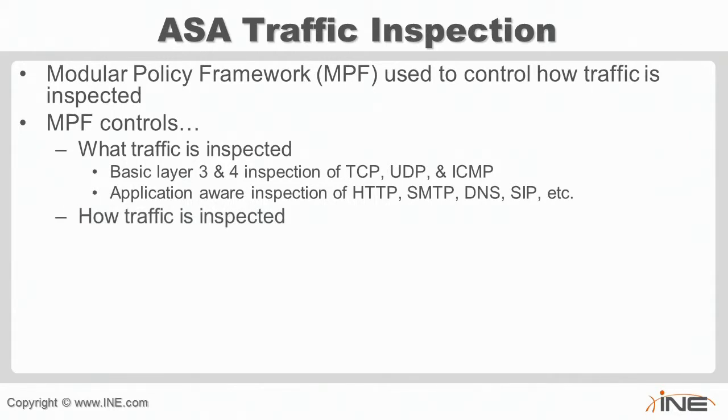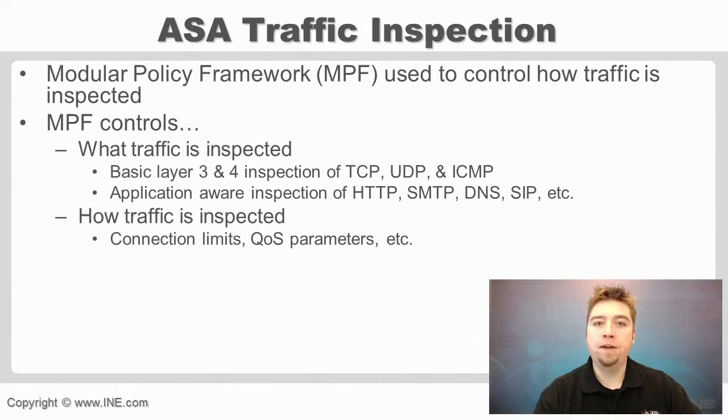Okay, it also controls how the traffic is being inspected. So we could say for this particular web server, I want to limit how many half-open connections I have. This would be similar to what we talked about in IOS with the TCP Intercept feature, and also how that carries over to context-based access control and the zone-based policy firewall.